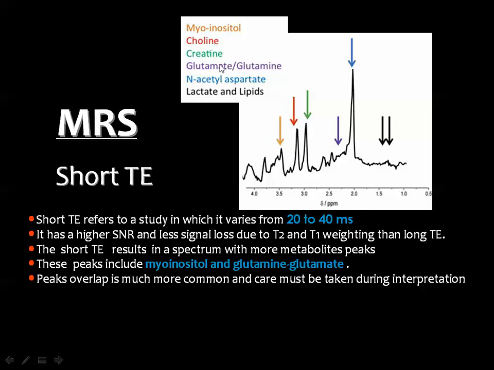These are the fixed metabolites that will appear whenever you use short TE or long TE. But in short TE, you can see more metabolites with very short relaxation time, like myoinositol, glutamine and glutamate, and also the lipids and lactate.